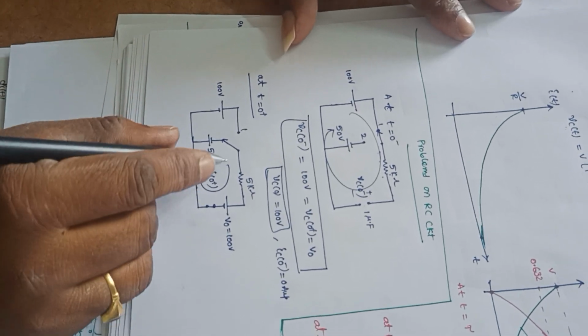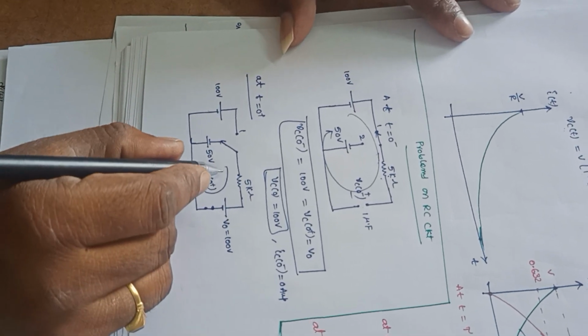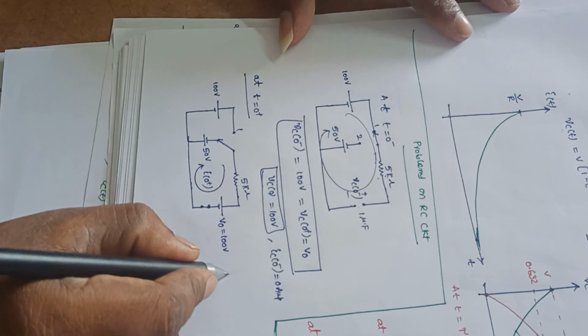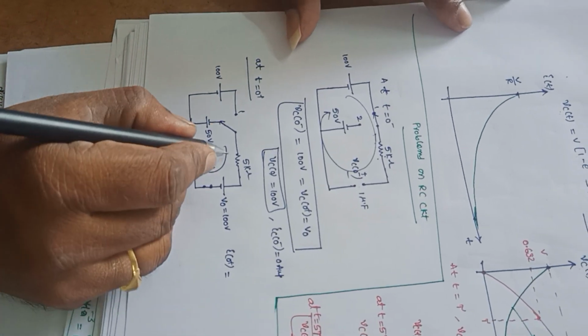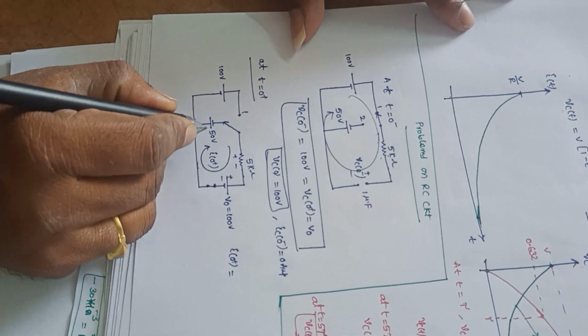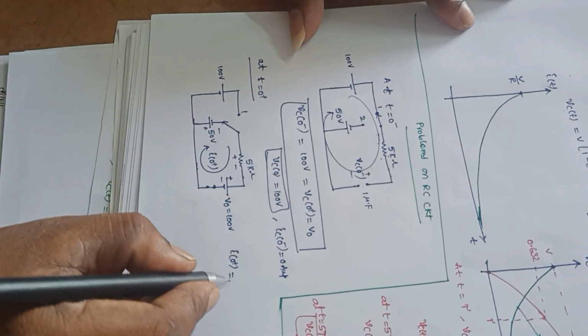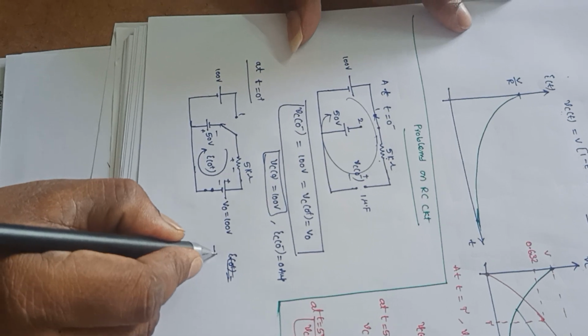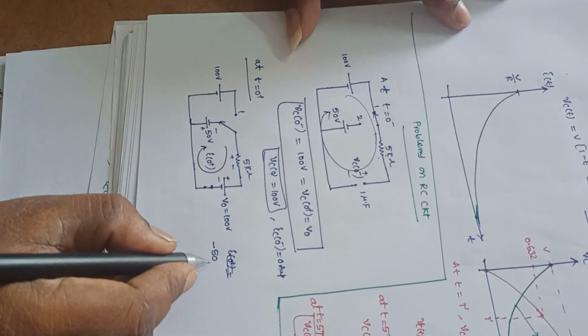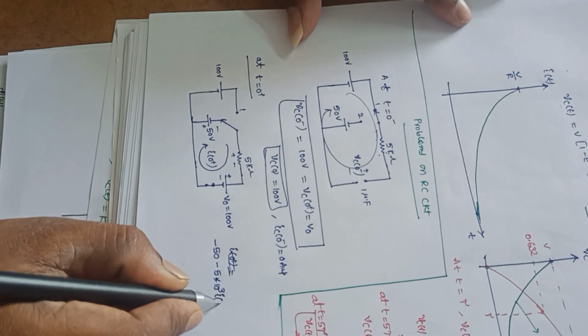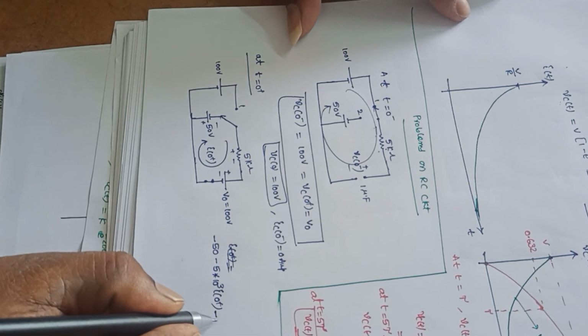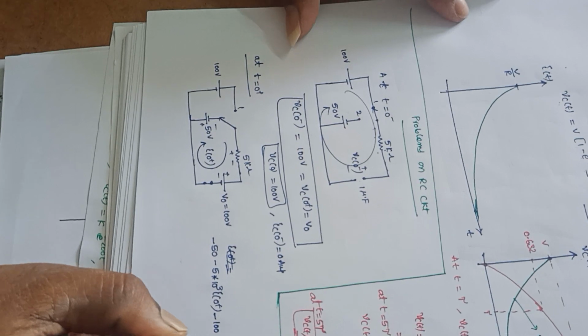Now let us find this I of 0 plus. So it is plus and minus, plus and minus. To find this I of 0 plus, let us apply the KVL. Minus 50 minus 5 into 10 power 3, 5 kilo, into I of 0 plus minus V0, that is 100 volts, is equal to 0.